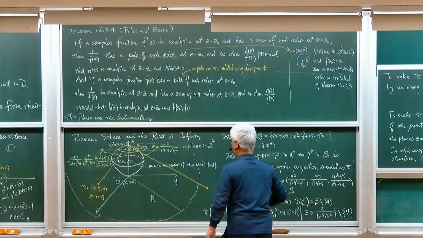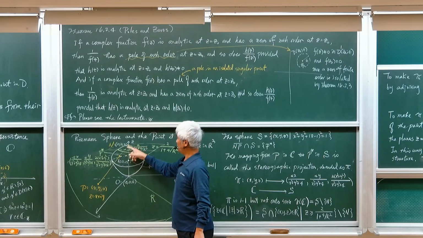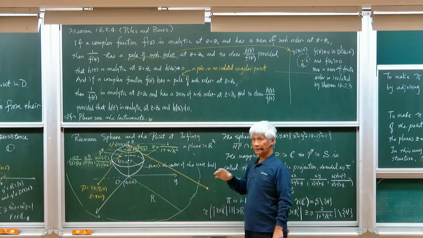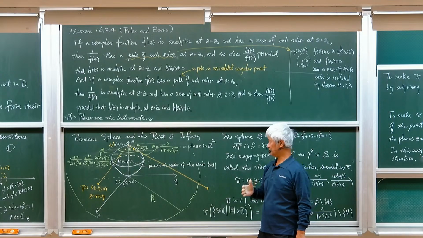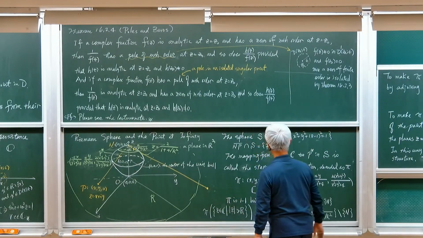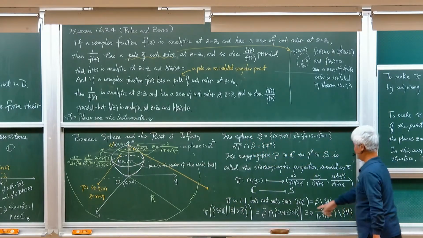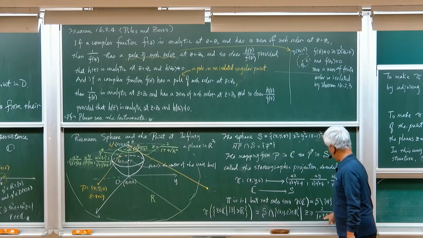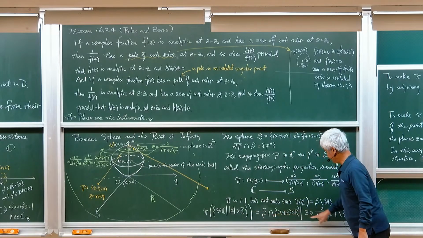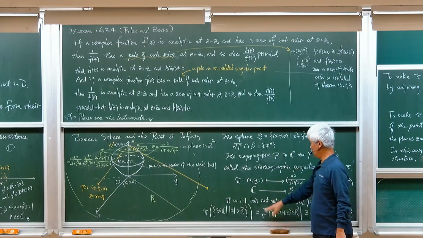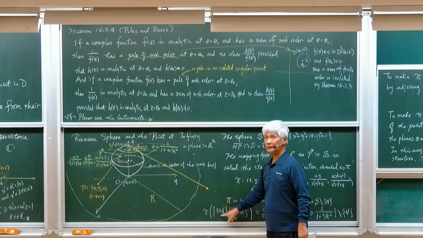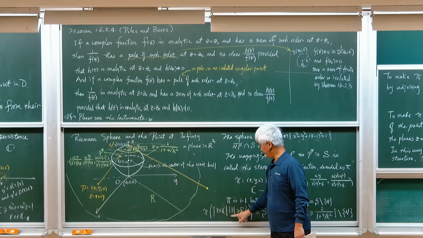A neighborhood of the north pole corresponds to a neighborhood of the point at infinity in the extended complex plane.